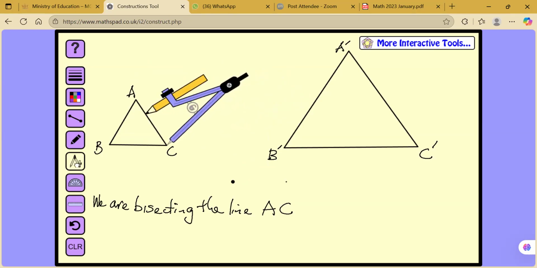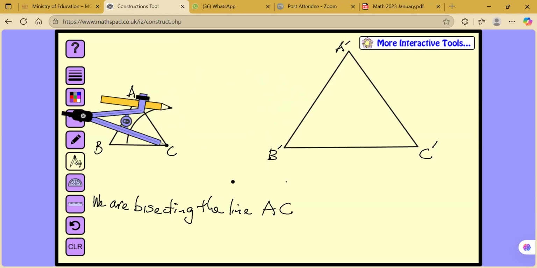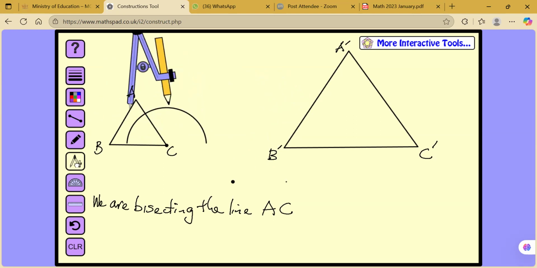You could do this when you get home, a little more than half, and you're going to make an arc at C, then you put it at A.